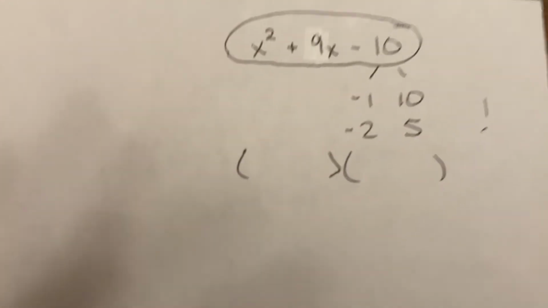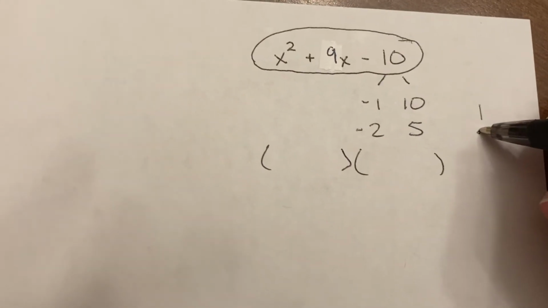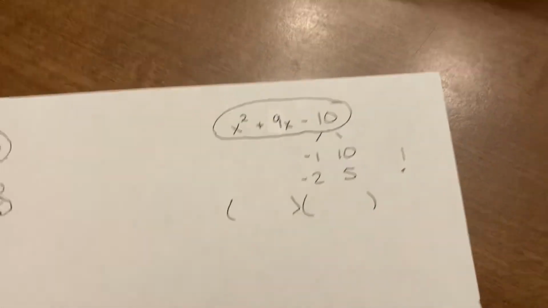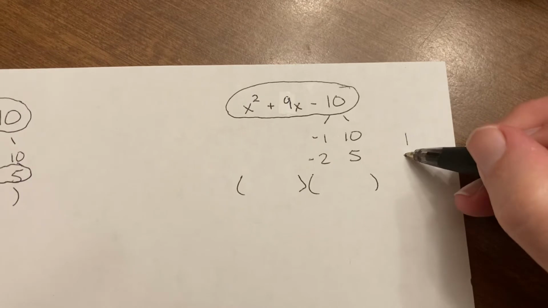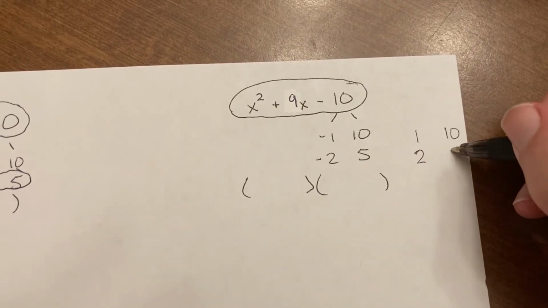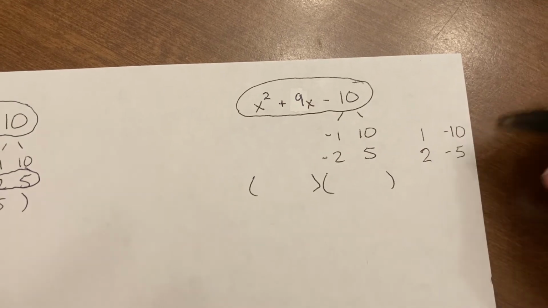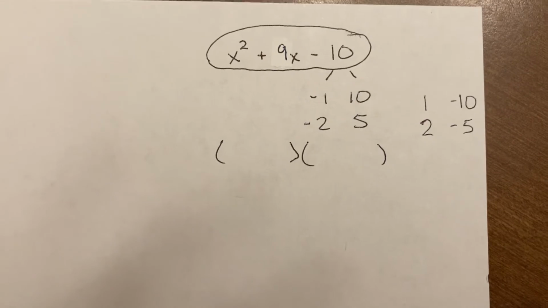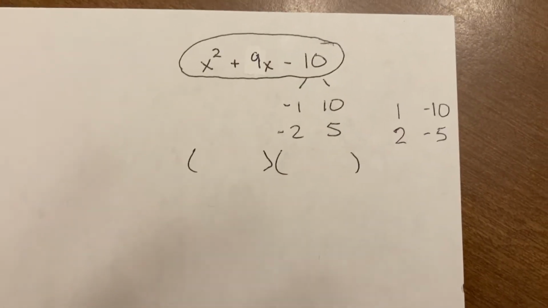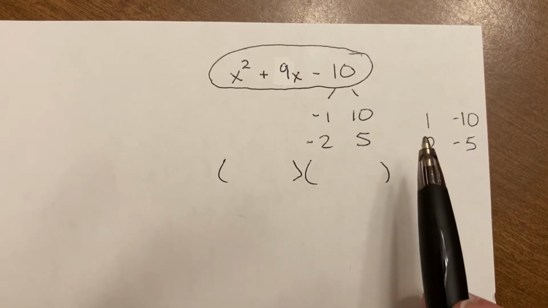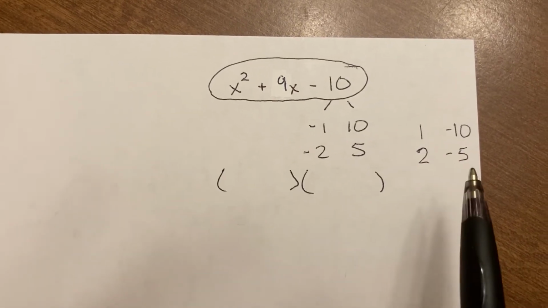A little tricky to do when you're holding the camera and trying to write. So these are all the things that multiply together to give me negative 10. So negative 1 and 10, negative 2 and 5, 1 and negative 10, 2 and negative 5.